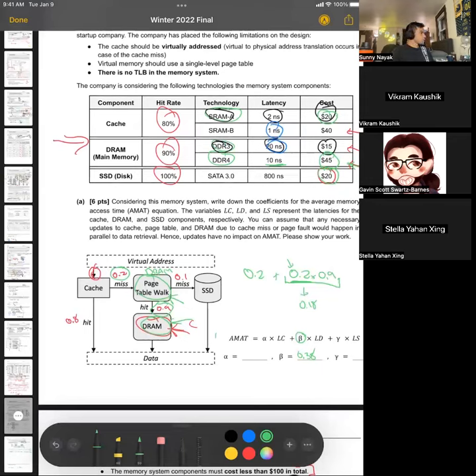Wait, so quick thing. The page table walk, even getting there, counts as DRAM? Yeah, because we store the page tables in memory. Oh, okay. So what's the difference between a page table and a specific thing called DRAM? The page table is considered metadata that helps us translate addresses, right?